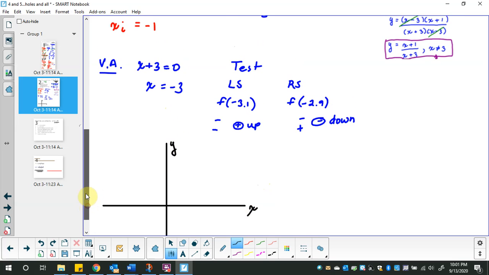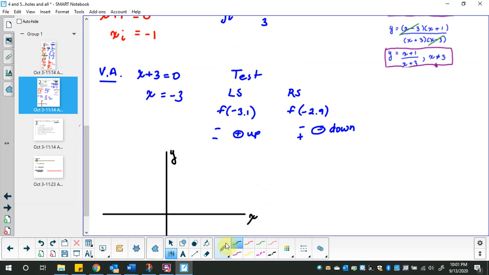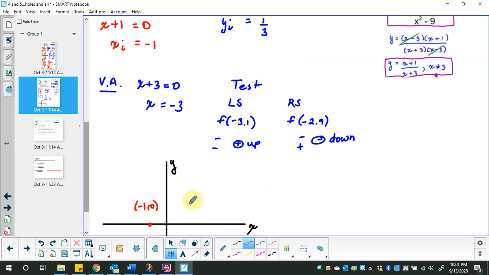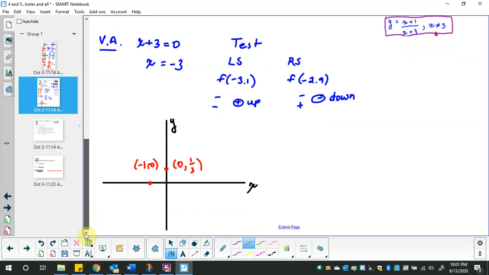And I have an X-intercept of -1. A Y-intercept of +1/3. A vertical asymptote of x equals -3.